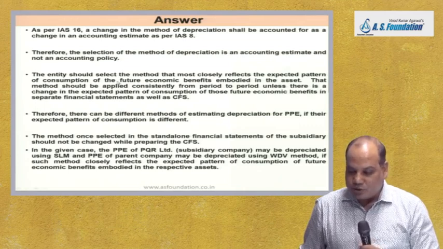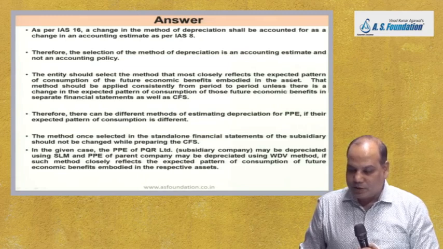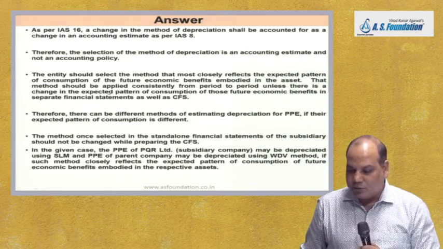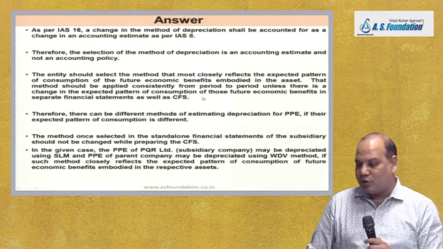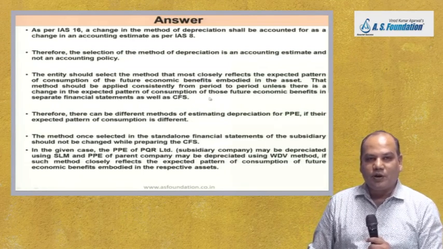The entity should select the method that most closely reflects the expected pattern of consumption of future economic benefit embodied in the asset. That method should be applied consistently from period to period unless there is a change in the expected pattern of consumption of those future economic benefit in the separate financial statement as well as CFS.